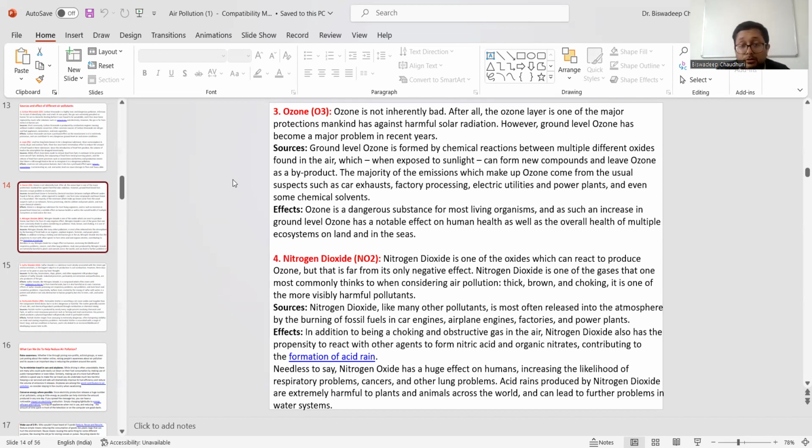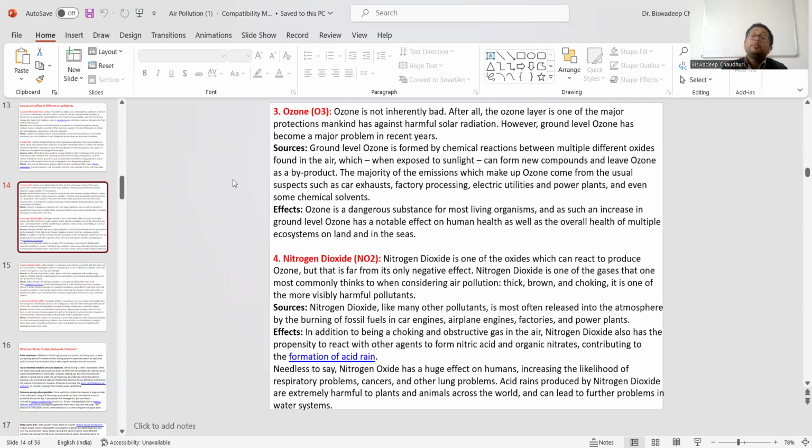An increase in ground level ozone has a notable effect on human health, and it also has some ill effects on the ecosystem on land and in the seas. But the presence of ozone gas in the upper air level is good because it gives a protective shield to us.